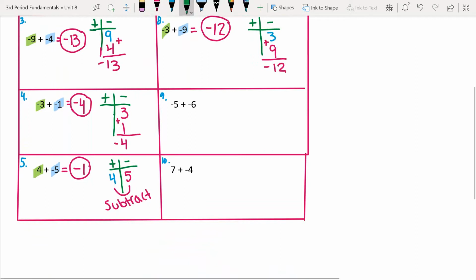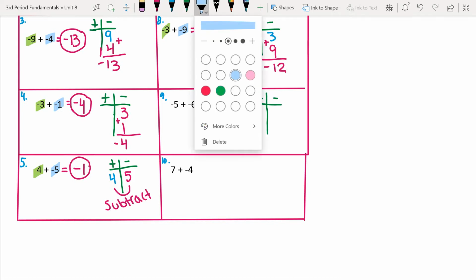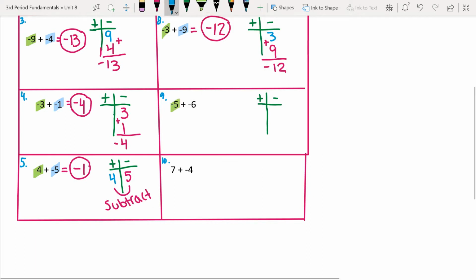Last 2 problems. Question 9, -5 plus -6. Let me make my table. First number, -5. That's a negative number, so on the negative side I write 5.